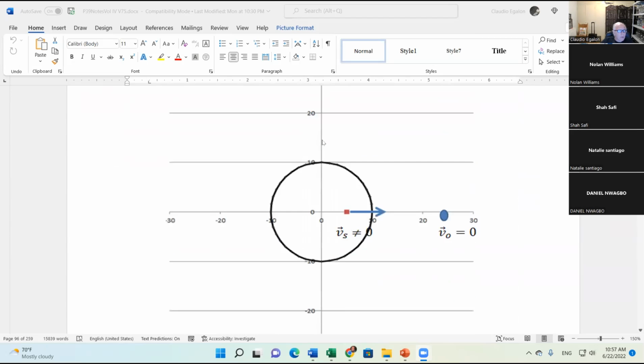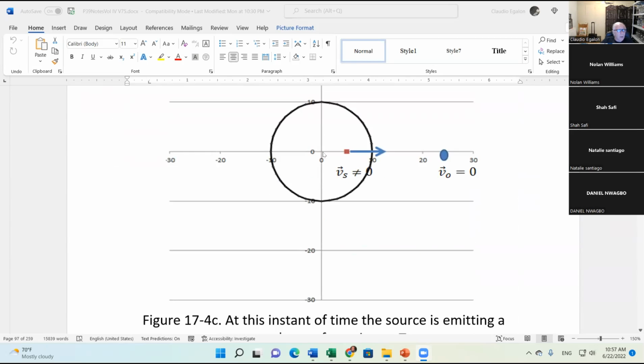But when the source has moved a distance equivalent to a single period, that's going to be the regular wavelength, lambda. From here to here is lambda, from here to here is lambda prime, and from here to here is the velocity of the source times the period. So that's where I'm getting that equation, okay? Lambda prime plus VsT is equal to lambda. Okay, that's how I'm getting that.